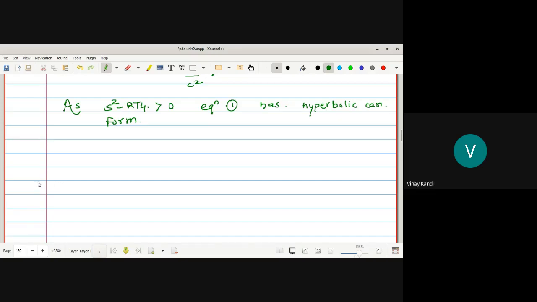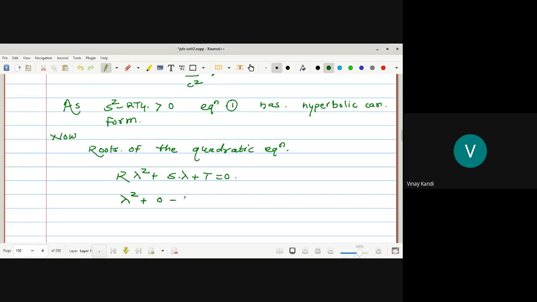Okay, now we have to find the roots of the quadratic equation r lambda square plus s lambda plus t is equal to 0. What is the value of r? It is 1.